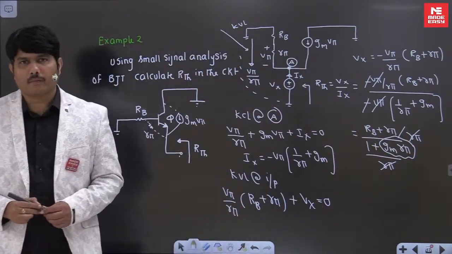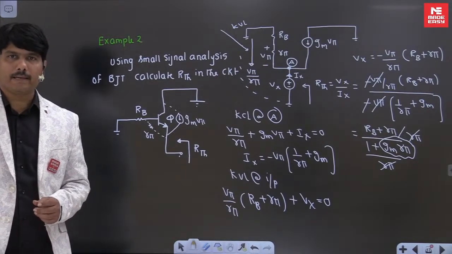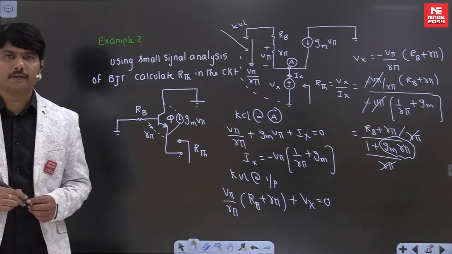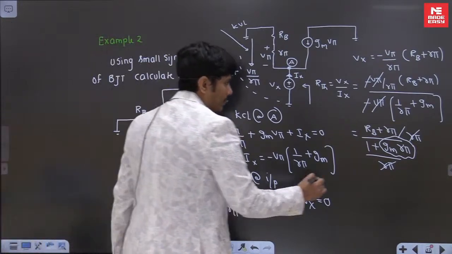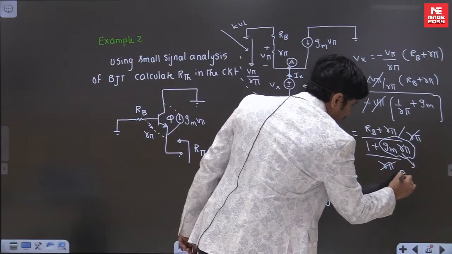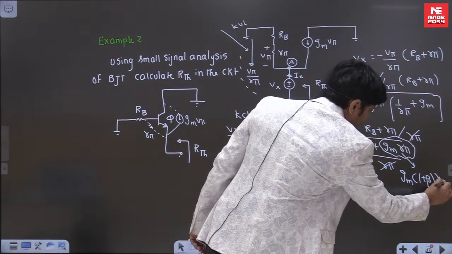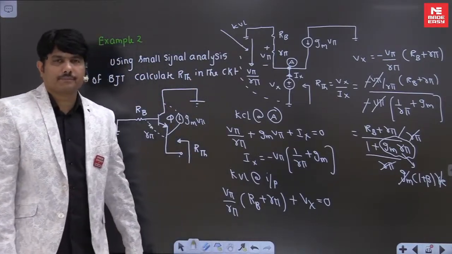GM into R pi, what is the meaning of that is, R pi can also be called as 1 plus beta times of small re. Small re into GM, if you product it, it will become 1. So this answer is GM into 1 plus beta times of small re. Small re, GM are inversely proportional to each other.